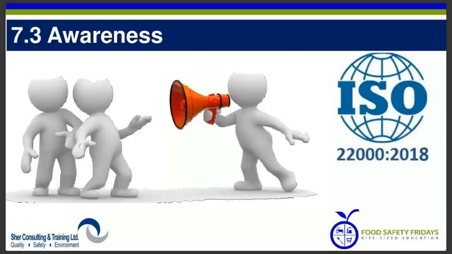Because what ISO is doing, it's sharing with us the people who wrote the standard now understand that in order for somebody to do what they're supposed to be doing, it's not enough that they know and are capable, but they must also be aware of the reason why, the logic behind it. Now, some people may argue this is not necessarily so. I want to be talking about that in a second. Let's see what the standard says in its own words.